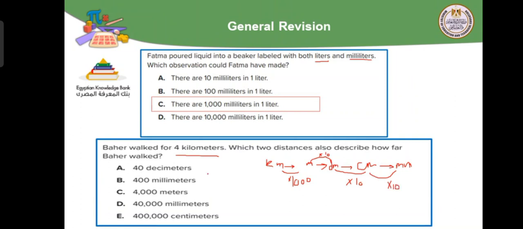So which one of these is correct? Yes, 4,000 meters. This is the first one. What about the second one? Here, centimeter.